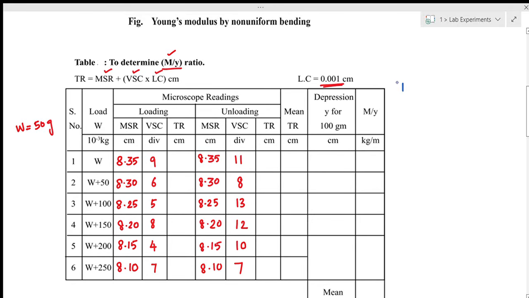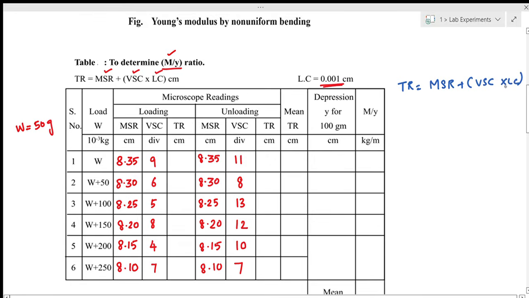So total reading is MSR plus VSC into LC. Taking this particular reading, 8.35 plus, use your calculator, VSC is 9 times 0.001. So you'll get 8.359, and I'm writing it here.